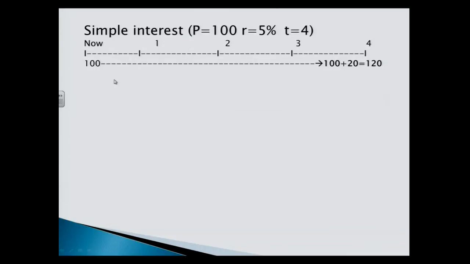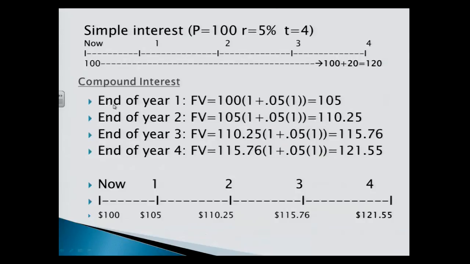Little different for compounding. Compounding interest, at the end of the first year here, you've generated 1 year of interest, or 5%. So at the end of the first year, you have $105. The other thing nice about compounding interest is from between year 1 and 2, you have a new principal of 105, not the 100.